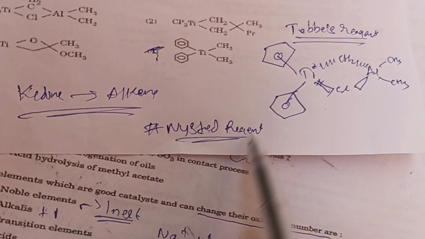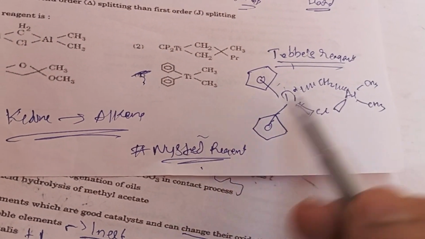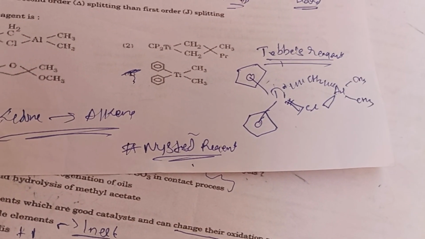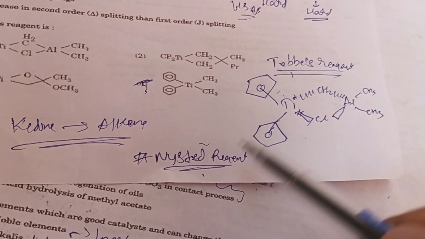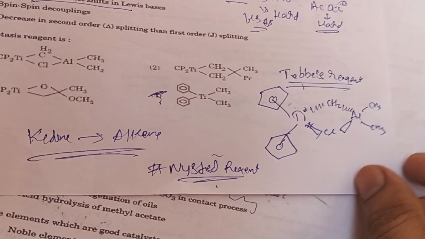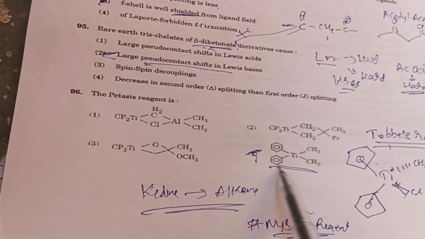You can search and learn about it. These two play a similar role, which is methylation. Their structures may be asked in future examinations also. So for this Petasis reagent, this is the right structure.